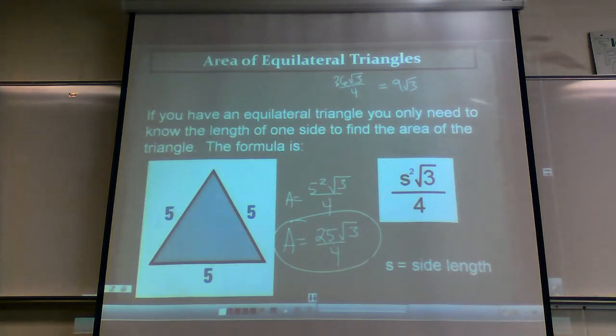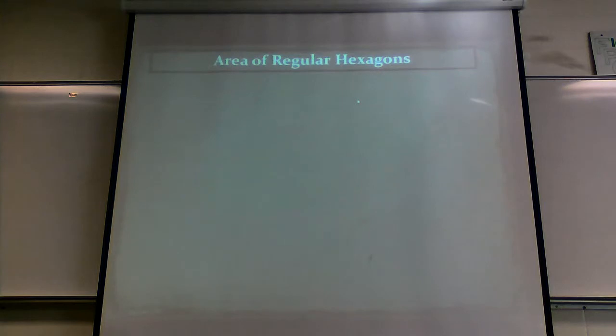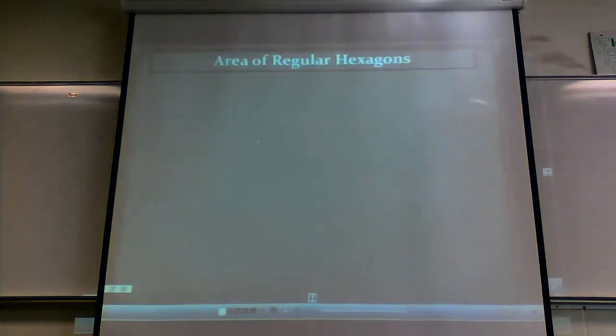All right. Now, to build onto this, a regular hexagon. Anyway, if I had a regular hexagon, which is what we were working with in the beginning of the thing where I did the center angles, you said that was 60 degrees, right?